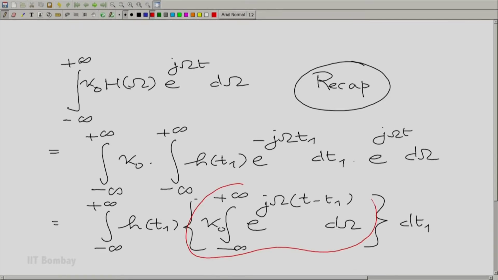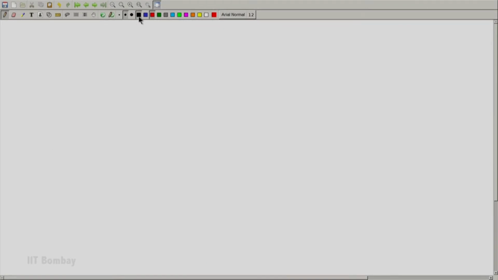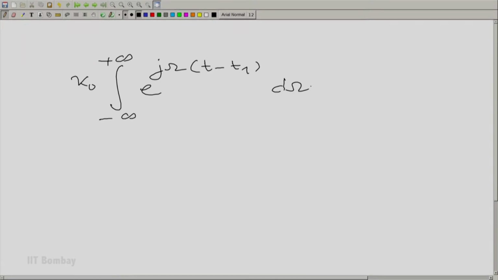We were trying to evaluate this integral, and let us look at it once again. This was essentially kappa 0 times the integral from minus to plus infinity of e raised to the power j omega (t minus t1) d omega, and this could be written again as twice kappa 0 times t1.